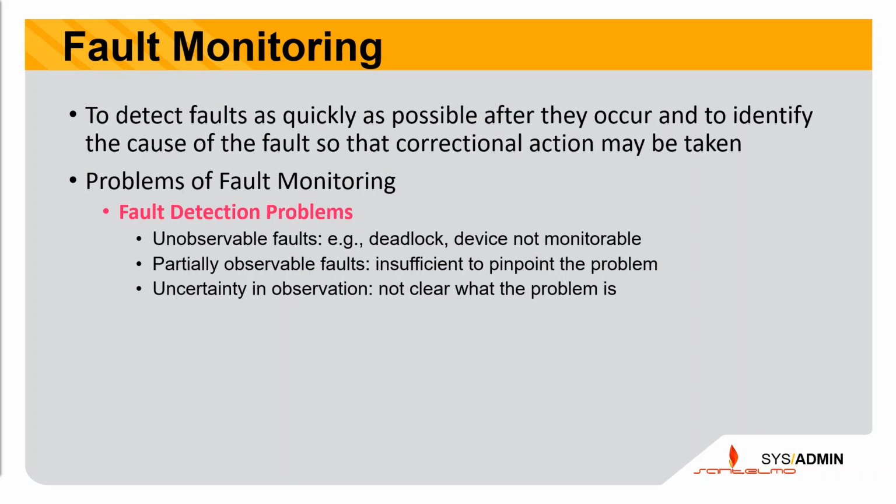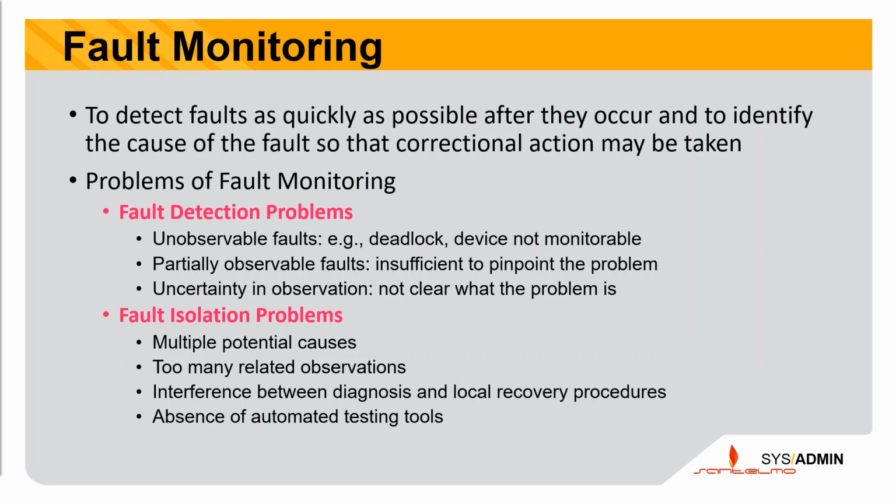There are also partially observable faults, where it is insufficient to pinpoint what the problem is, or there is uncertainty in observation, so it is not clear what the problem really is. So that's the fault detection problem. You don't know the source of the problem, so how can we solve it? Next would be fault isolation problems.